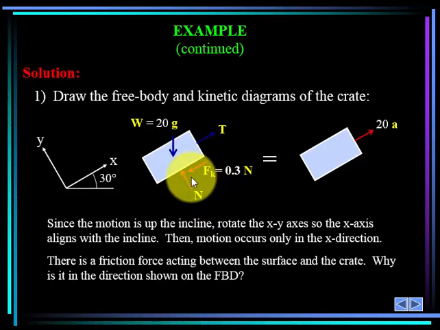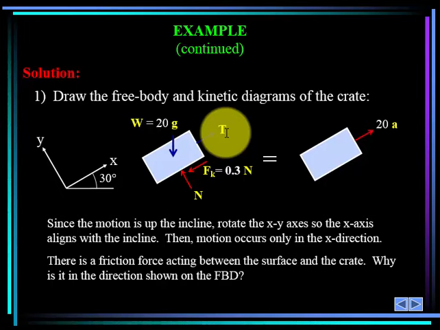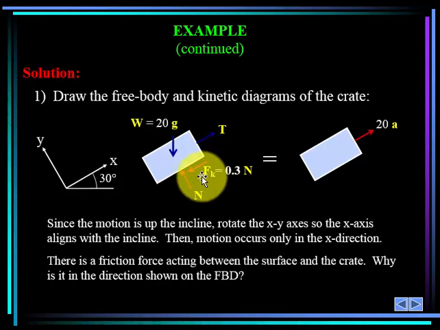Why did we choose down and to the left? Because we have a rope tension that we are utterly confident will be pulling this box up the slope, so that it will acquire a velocity up the slope, and that friction force will be in the opposite direction of that relative motion, or in the opposite direction of the velocity of this object.